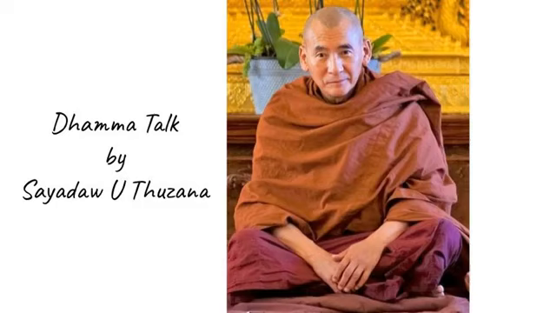Ekaggata, one-pointedness of mind, is the direct opposite of kamacchanda. When we have sensual desire, our minds are taken to different objects, desirable, pleasurable sight, sound, smell, etc. Our minds are taken to these various kinds of desirable objects.